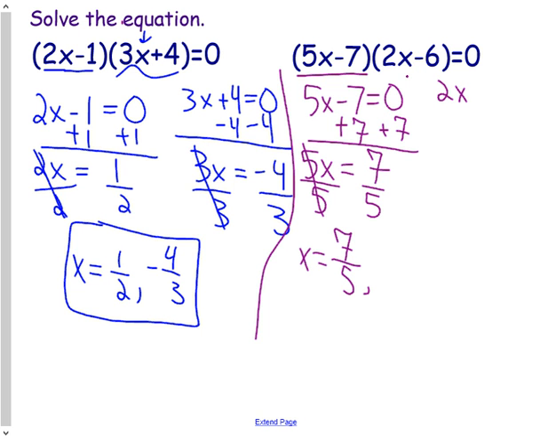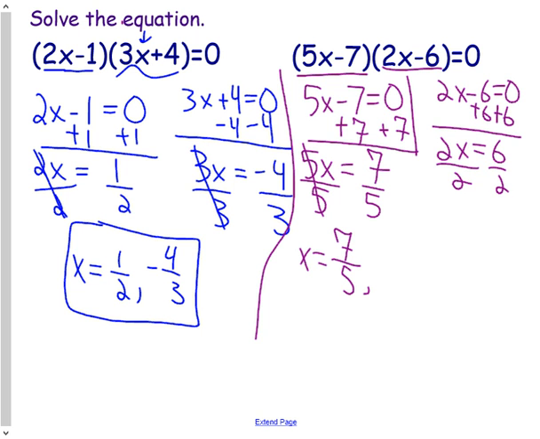Then 2x minus 6 equals 0, the next parentheses. 2x equals 6, and divide by 2. Half of 6 is 3. So we didn't get a fraction this time. We simplify when we can, but if it's not going to be a 3, a 4, a nice integer or whole number, then we're just going to leave it. 7/5 technically is 1 2/5, but it's fine in that form.